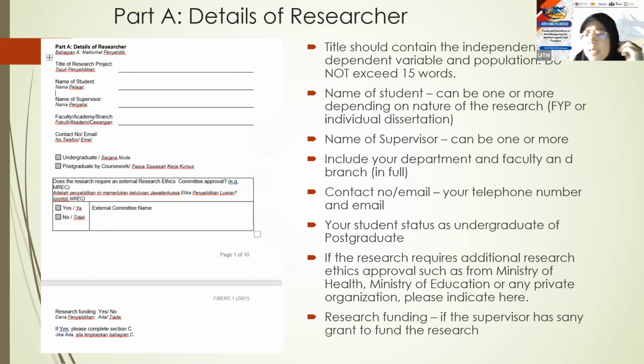So this is the first part. Part A is details of the researcher. For this, you need to fill up the title of your research project, and the title should contain the independent and dependent variable, and if possible, the population, but the number of words must not exceed 15 words.